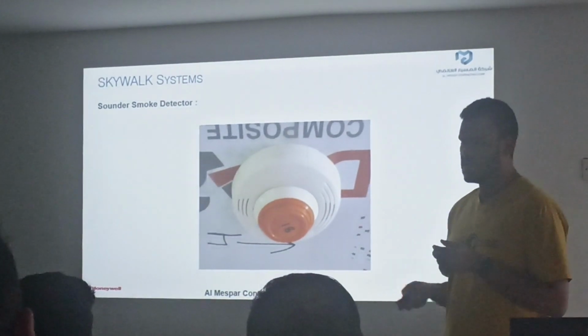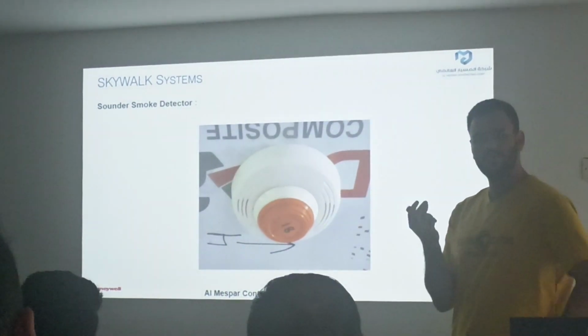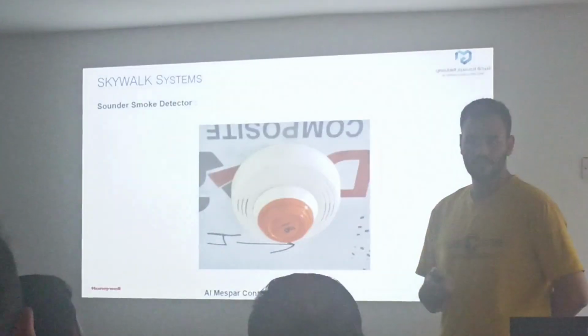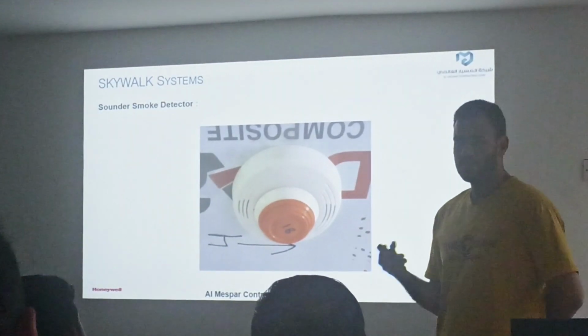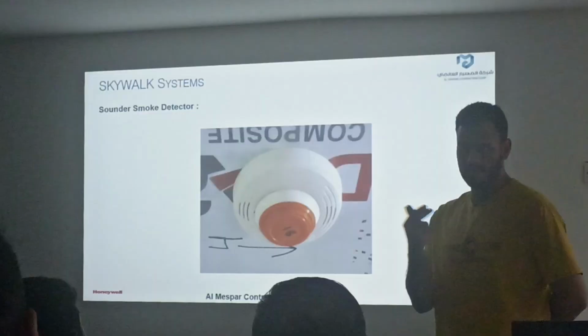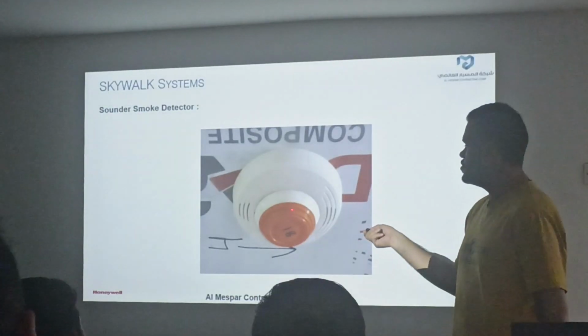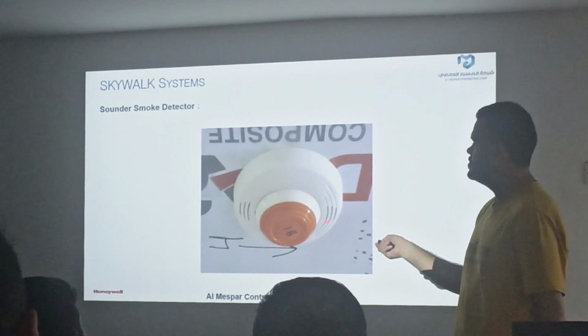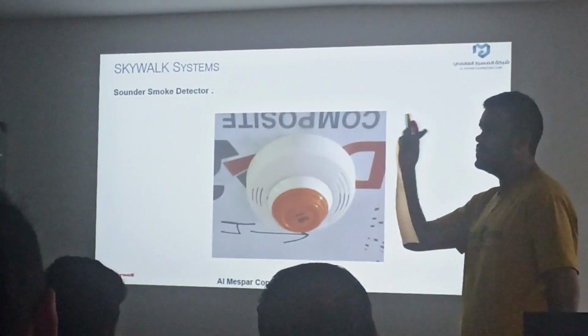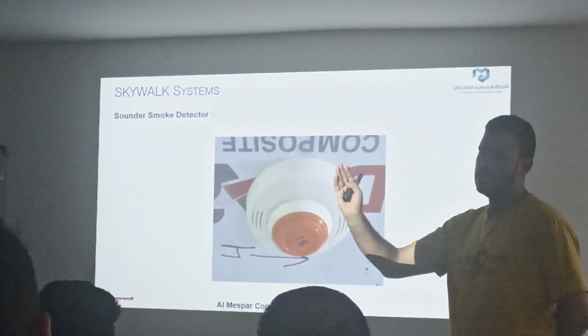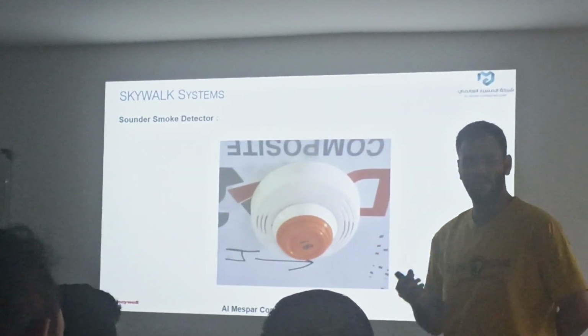Loop cable is coming from the main panel, and it also requires a power cable. It's coming from the booster panel. So if you open it, you will see two cables, 4 core: 2 core and 2 core. 2 is coming to the smoke, and 2 coming to give power to the sounder, to give sound. This you will only find in the ceiling. How many there are depends on how long the Skywalk is.